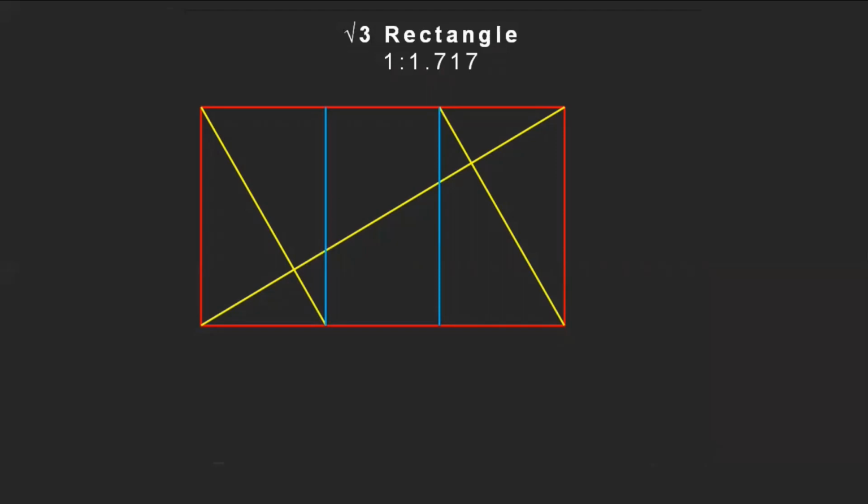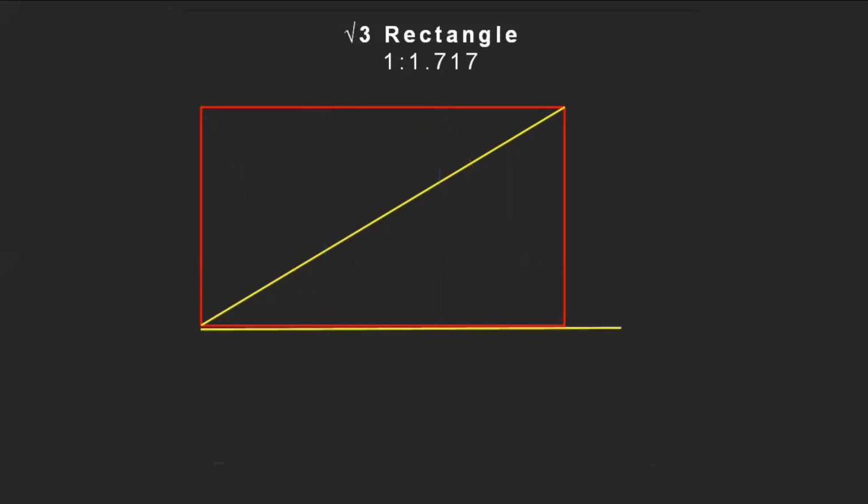It just so happens that in the case of the root rectangles, those proportional breaks end up creating equal parts, so that when you break down the root 3 rectangle using the diagonal and the transverse of the diagonal, you end up with 3 smaller root 3 rectangles inside your original format.